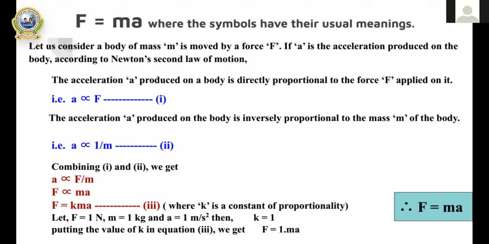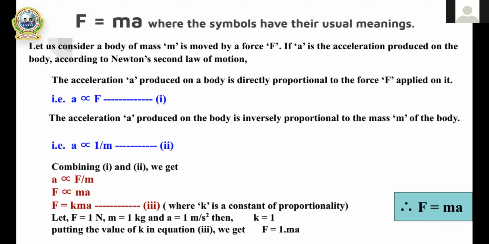This is given by Newton's second law of motion. So dear students, I request you all to write this in your copy and let's begin. F equal ma, where the symbols have their usual meanings, means F is force applied, small m is mass of a body, and small a is acceleration of a body.